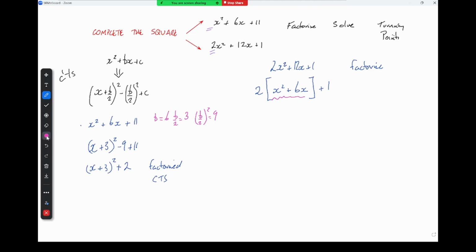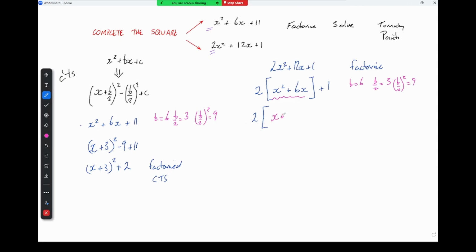Let's do that then, and I'll colour code as I go. So the first thing is I've got the 2 and this square bracket. Now inside I'm going to have x plus, well, let's just make a note. b equals 6, b over 2 equals 3, b over 2 squared equals 9.